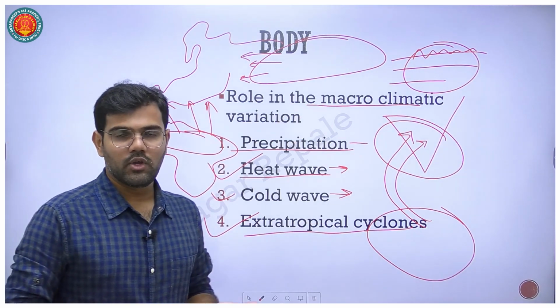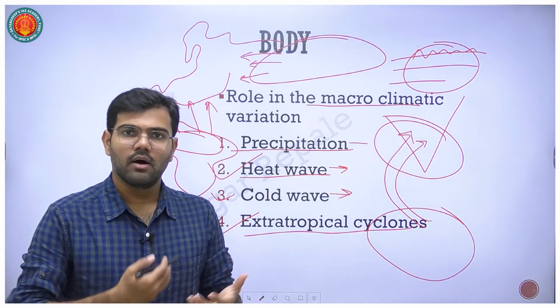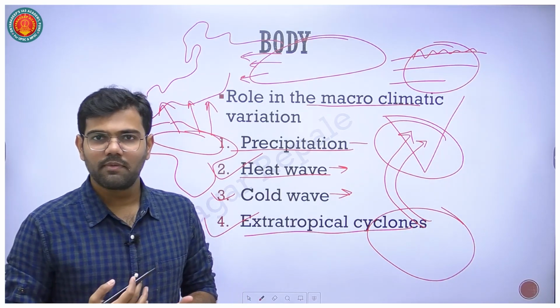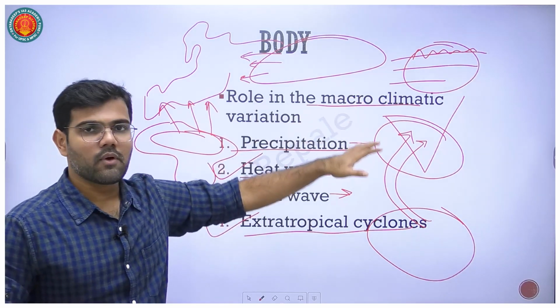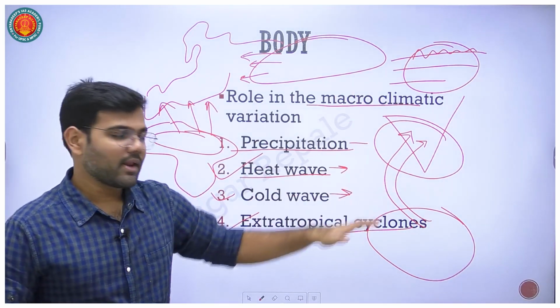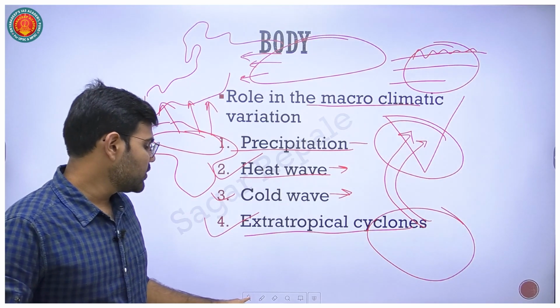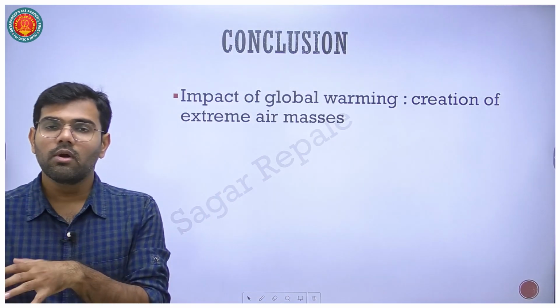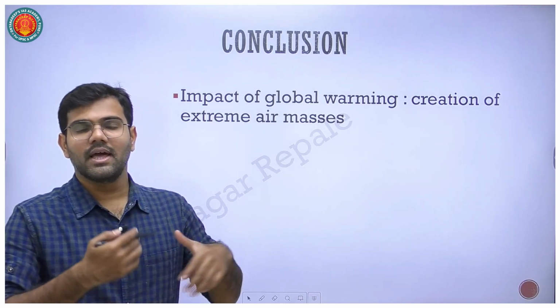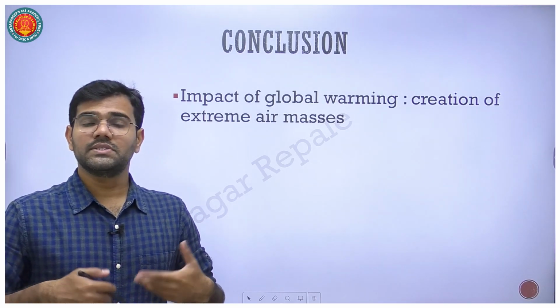So in first part, we talked about the definition of air mass, classification of air mass, few characteristics of air mass, and in second part, we have talked about the macro climatic variations due to the air mass. And in conclusion, what you can write? You can write how global warming is affecting the air mass. The air masses are becoming extreme.